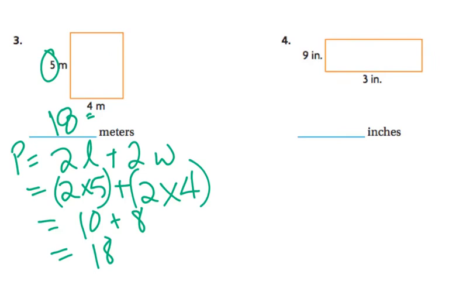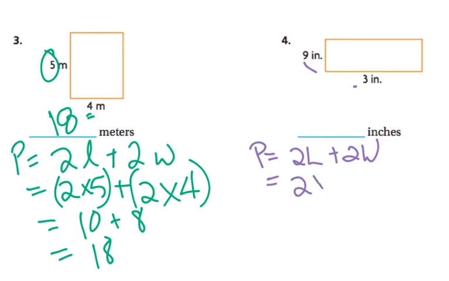Remember, perimeter is also telling us the distance around an object. So, you know, that's what we're really calculating, and that's why we're able to just add those lengths. Okay, in number 4, we're going to put our formula, P equals 2 times L plus 2 times W. So that would be, this picture does not look proportional. They have 9 over here and 3 over there, but that's fine.